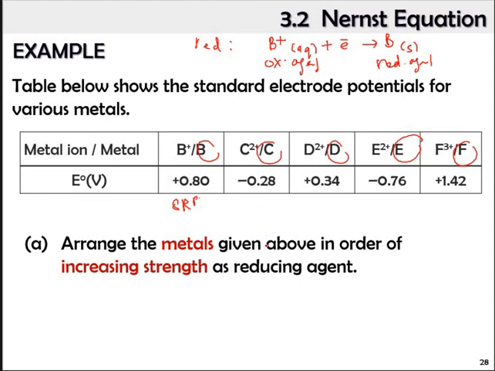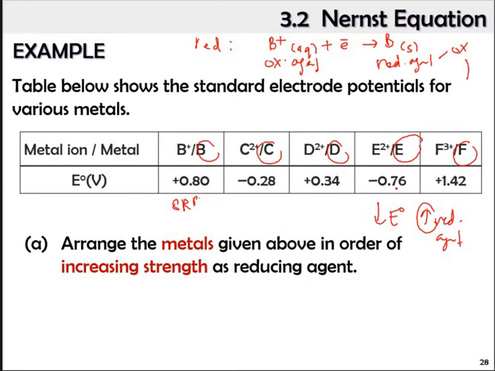Dia nak increasing strength as reducing agent. Reducing agent dia buat proses oxidation. Siapa yang lagi senang oxidize? Yang lower E0. Yang lower E0 dia lagi senang nak oxidize, senang nak buang elektron. That means reducing agent dia akan jadi stronger. So siapa yang paling rendah?